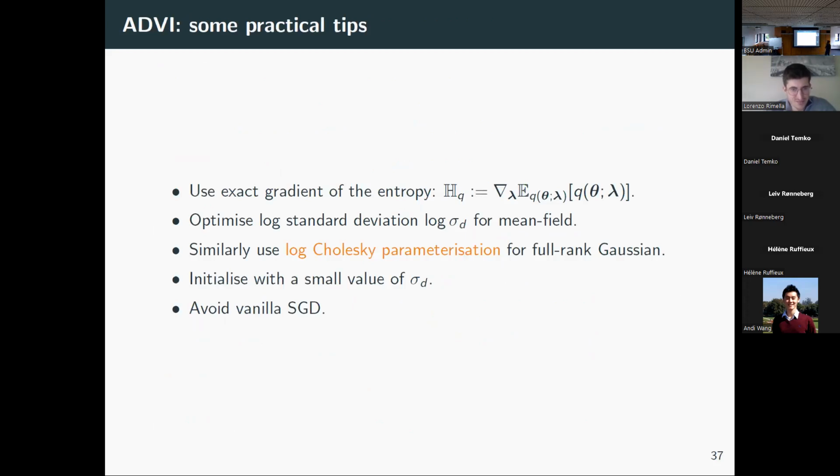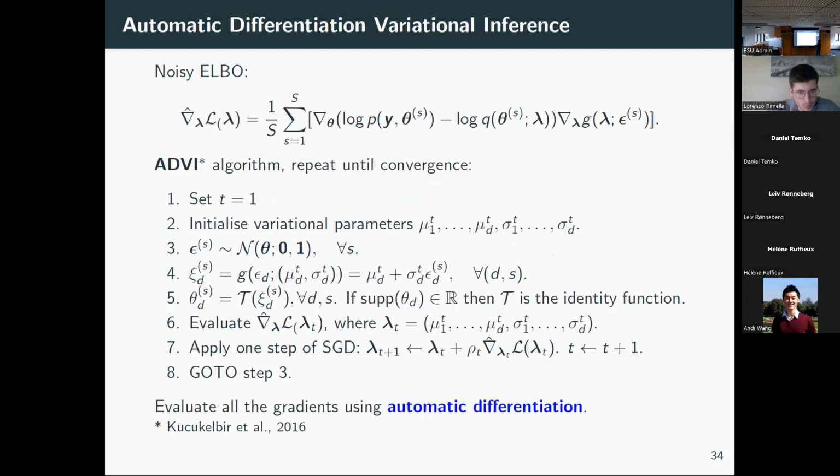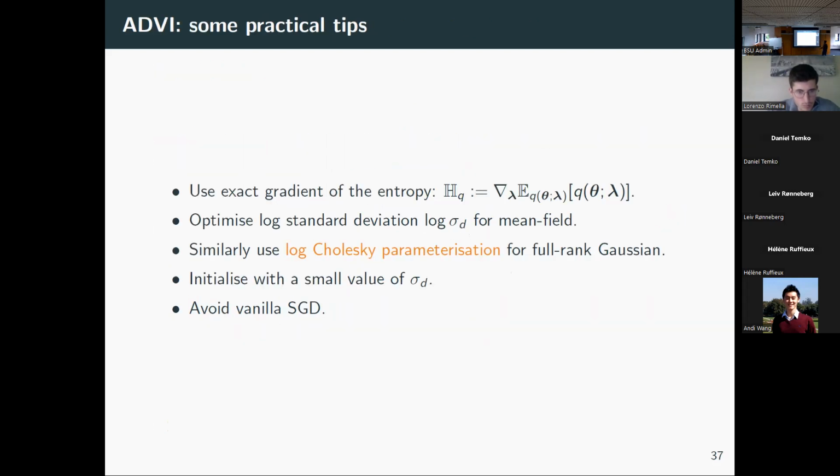Okay, some practical tips. Obviously, this is analytical. If you're using a Gaussian, because in ADVI we use a Gaussian and then transform it, this expectation you can do analytically. It's the entropy. Something I did not mention in the algorithm is that generally we take the log of sigma. If you're using the full rank, then use a log-Cholesky kind of parameterization.